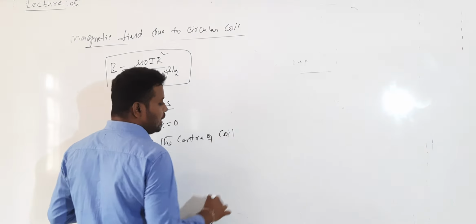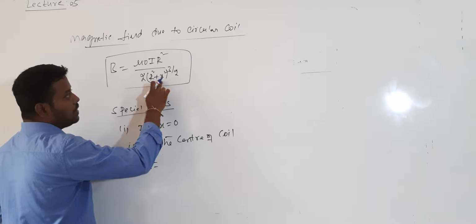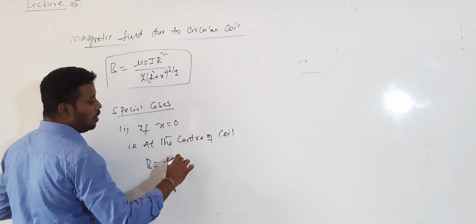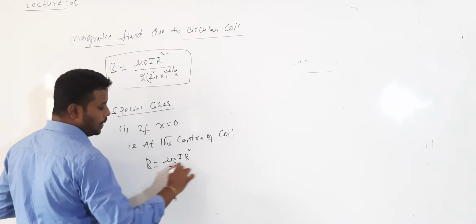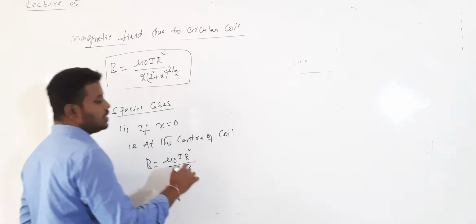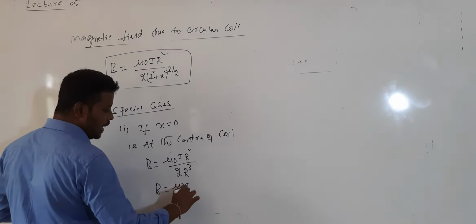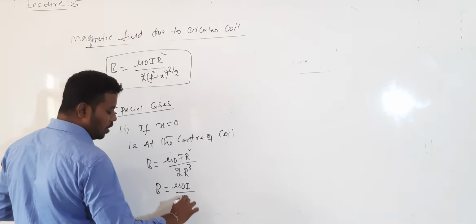At the center of the circular coil, the magnetic field is given by the formula, if I substitute x equal to 0, mu naught into I into r square by 2 into r cube, which is given by B is equal to mu naught into I divided by 2 into r.